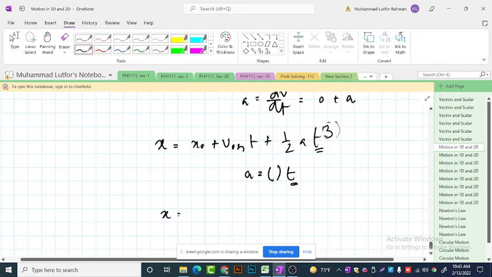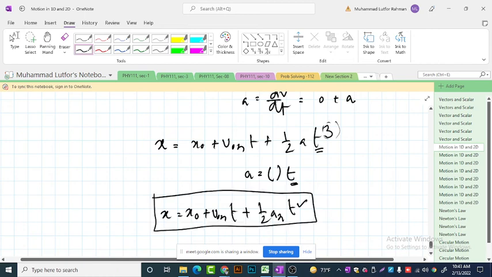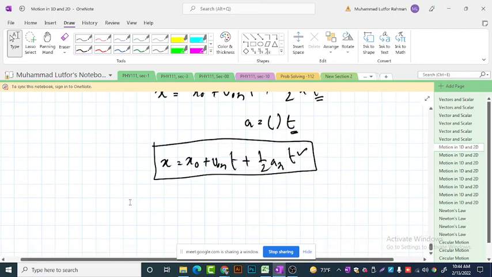I will write any type of motion in that format, half of a x t square, sometimes a y if there is two-dimensional acceleration. That would be the most general equation for the displacement. I will use only this equation, whether I explain free fall or any other motion, even projectile motion.